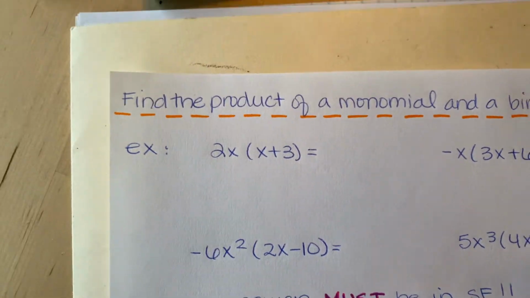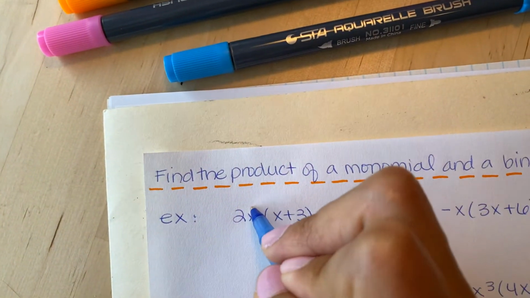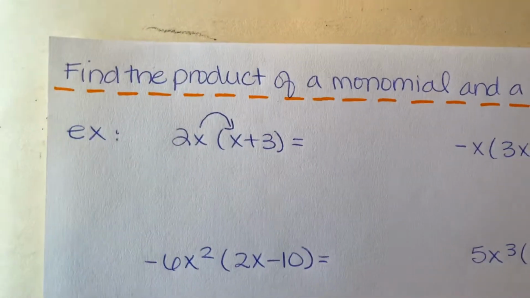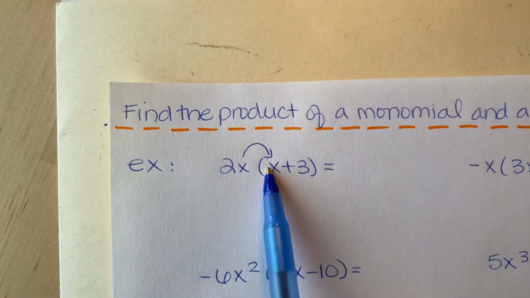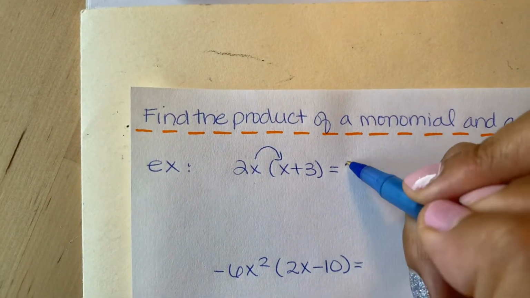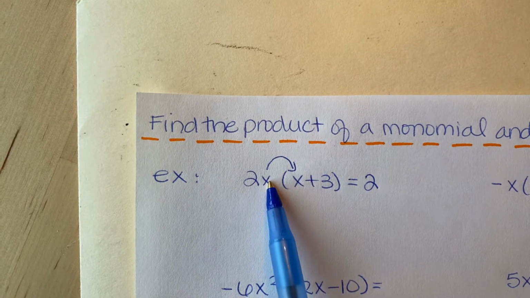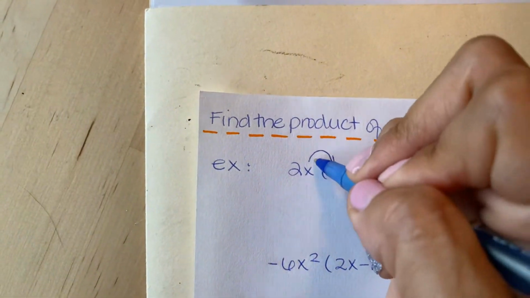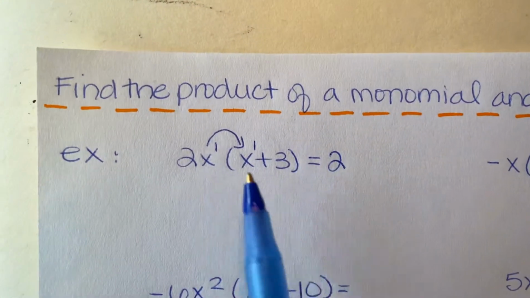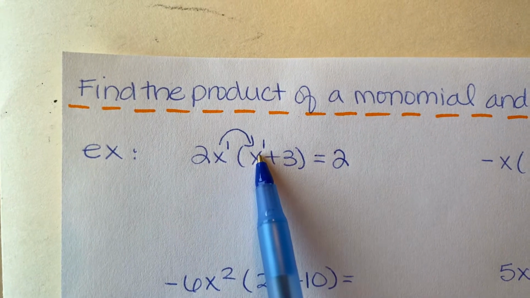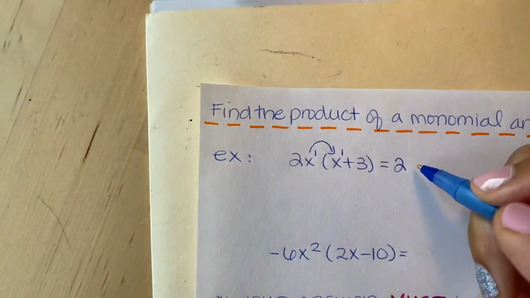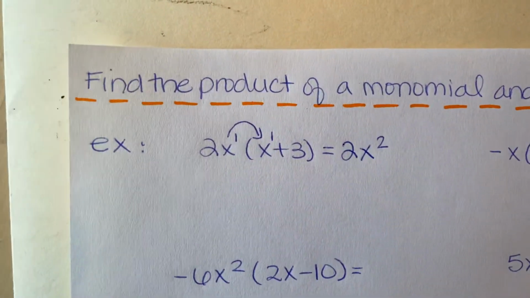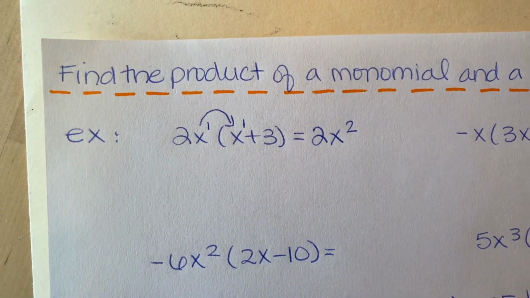Okay, so I have 2x times x. Well, this is a 1. So 2 times 1 is 2. X, right? Because remember, there's really a 1 there. So x to the 1, how many x's are there? There are 2 x's, x squared.